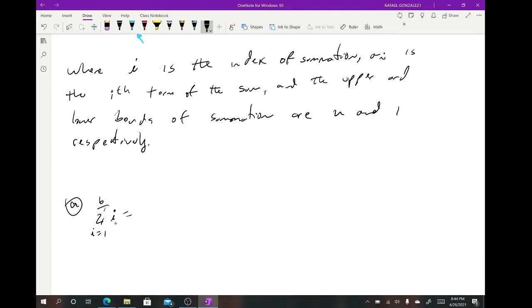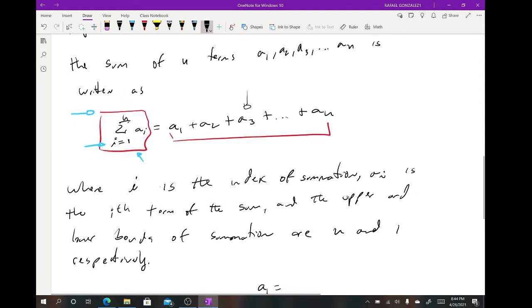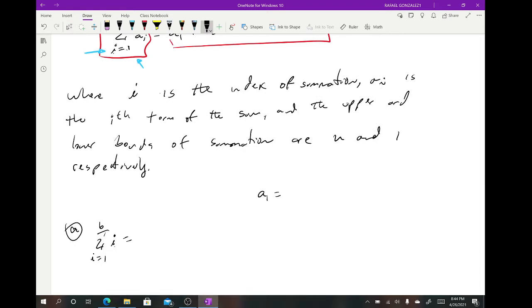This means to sum things in the following way. The first term is a1, which is just the first term evaluated at i equals 1. We start at 1, so a1 is just 1.